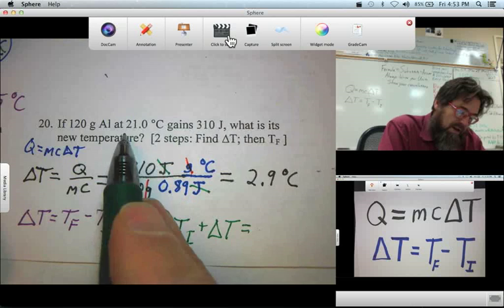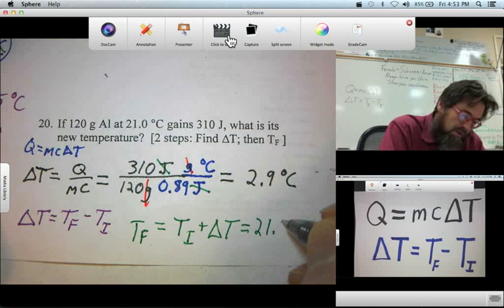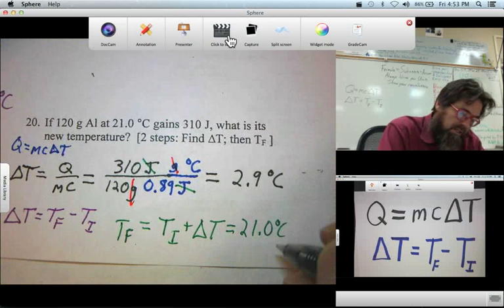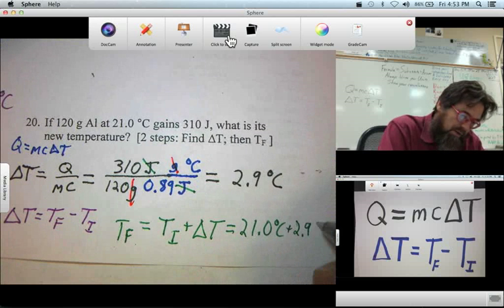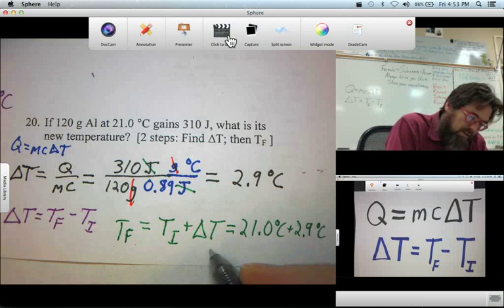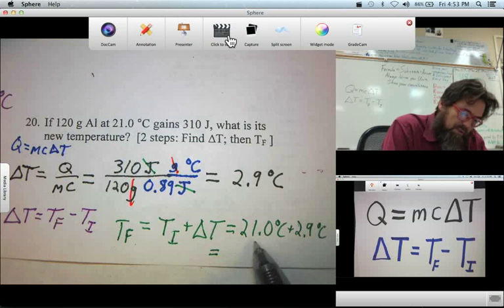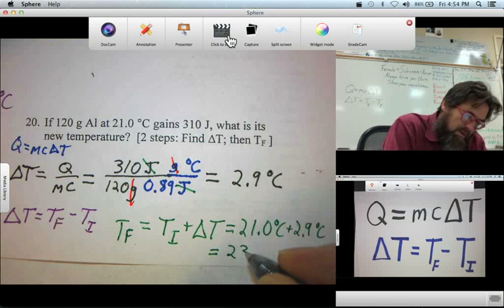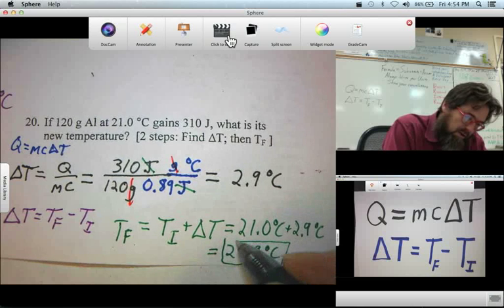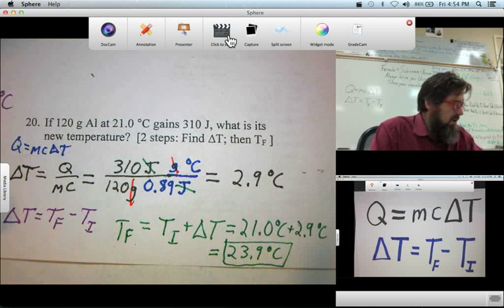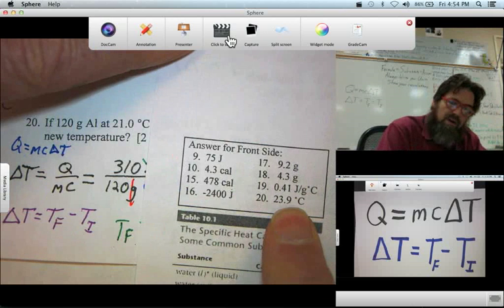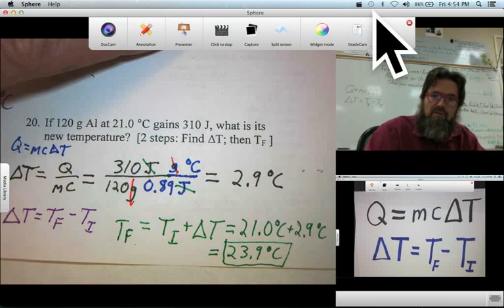It started out at 21.0 degrees C, plus delta T, plus 2.9 degrees C, equals 23.9 degrees C. Box our answer. This worksheet lists the answer on the back. Let's check. 23.9 degrees C. We got it right. Terrific.